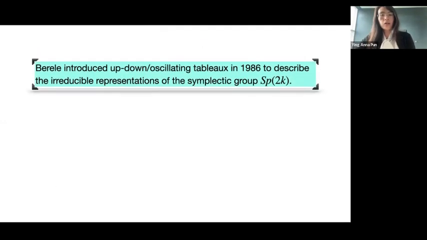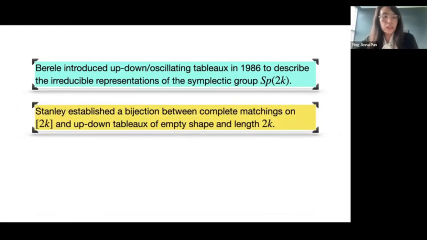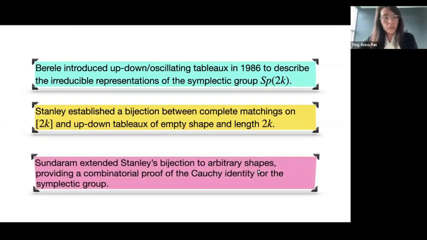Of course, different people have different interpretations of these, and also look at Vacillating Tableaux of different sorts. For example, there's something described in 1986, an up-down tableau, which described the irreducible representations of the symplectic group Sp(2n). Richard Stanley established the bijection between the complete matchings on 2k vertices and the up-down tableaux of empty shape and length 2k.